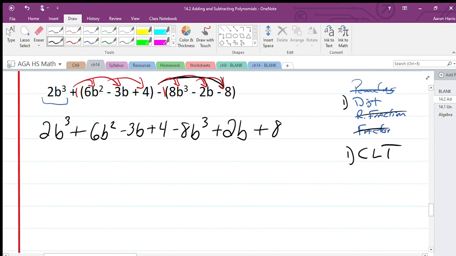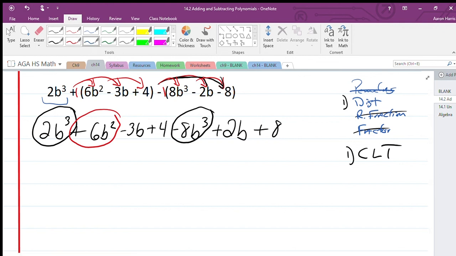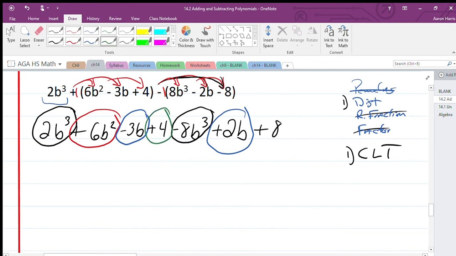So here we go. Let's just circle them. 2b cubed goes with what? Negative 8b cubed. Positive 6b squared goes with what? Nothing. There's nothing there. Correct. Negative 3b goes with a positive 2b. And then there is a positive 4, which is a constant, and a positive 8. Now let's group them.